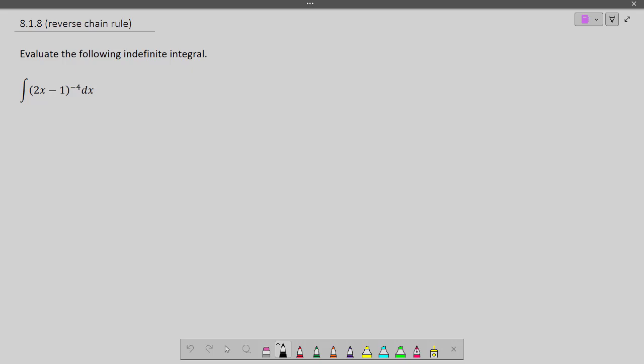All right, so this is a classic reverse chain rule type of problem. You could use substitution if you wanted. And generally when we're using substitution, we would say, let's let u be whatever's in parentheses, whatever's in a square root, whatever's in an angle.